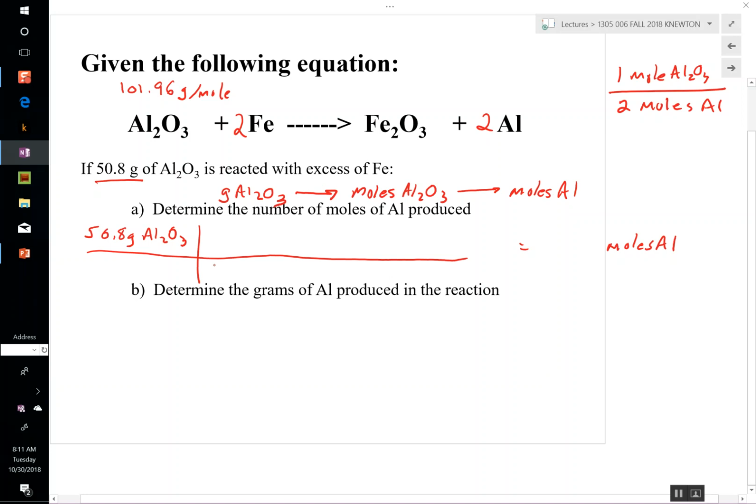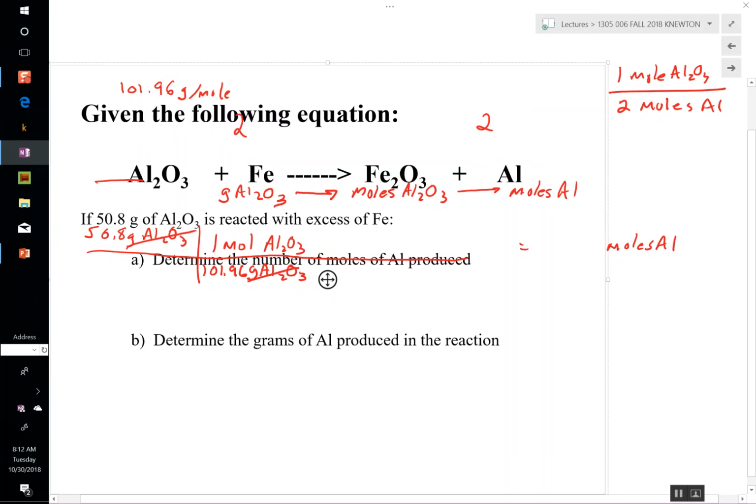All right, so to get this, I need to put grams. For that molar mass, I need to put the grams of the molar mass down here and the mole up here.